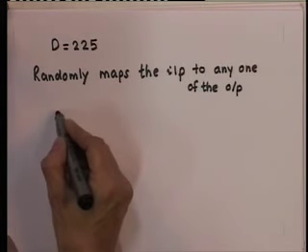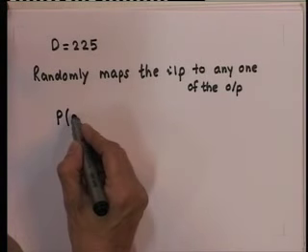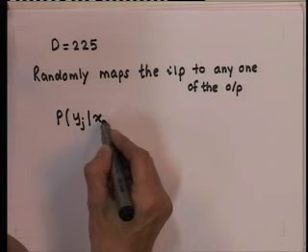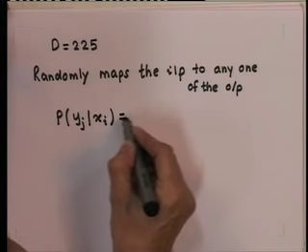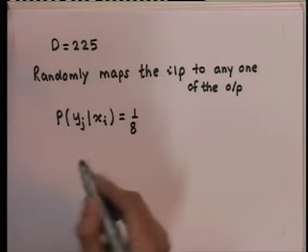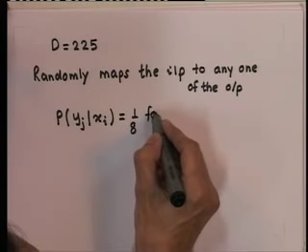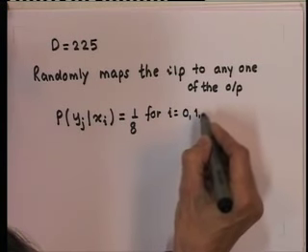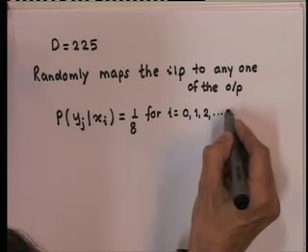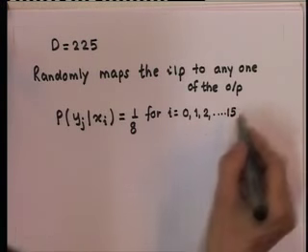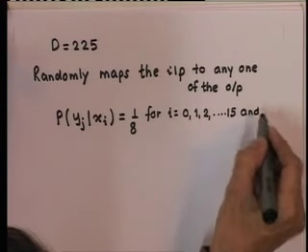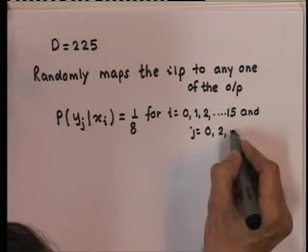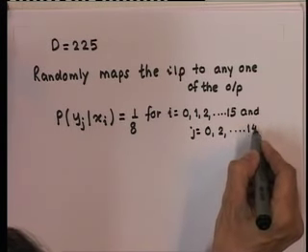That is, the conditional probability of y_j given x_i is equal to 1/8 for i equal to 0, 1, 2 up to 15 and j equal to 0, 2 up to 14.